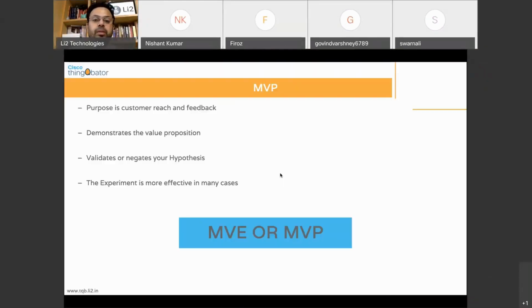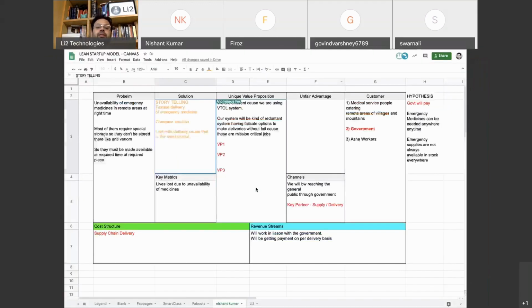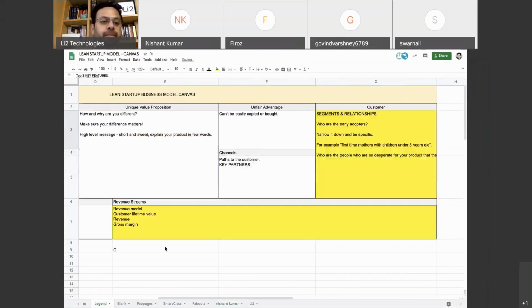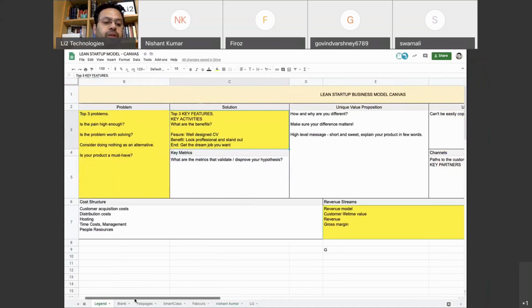And I am hoping that if you're really serious about this whole story, then I'm pretty sure you will see value in this whole canvas here, where we say, I'm going to the legend first, where we say cost structure and revenue streams.